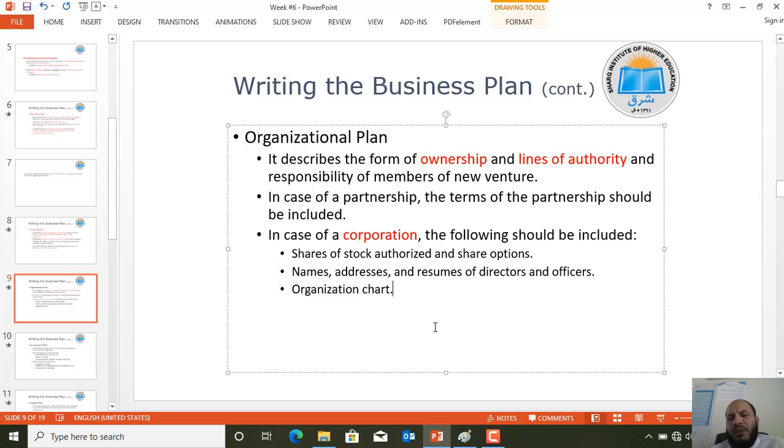Each level will explain the authorities, duties and responsibilities for each partner. So when we are developing the organizational plan within the business plan for our company, we should consider the lines of authority, and also the explanation about the ownership of the business people.